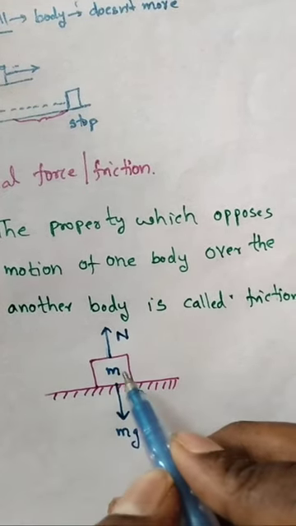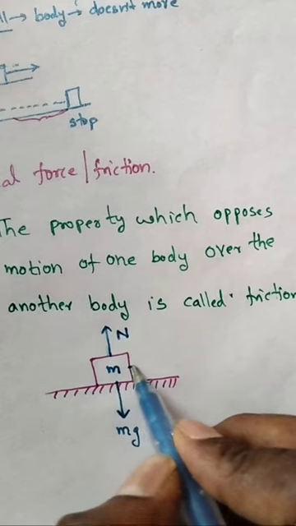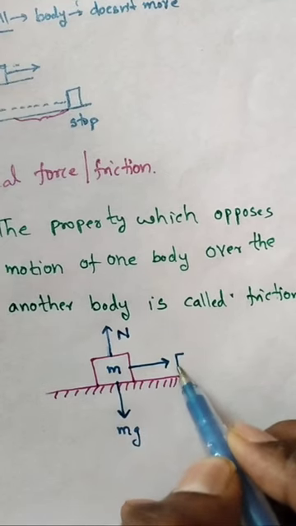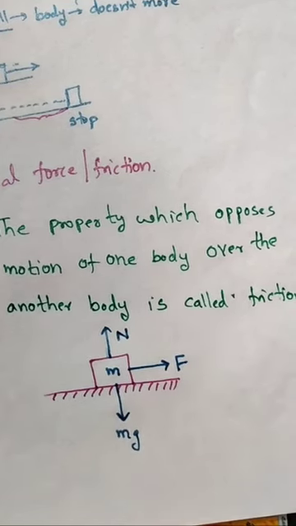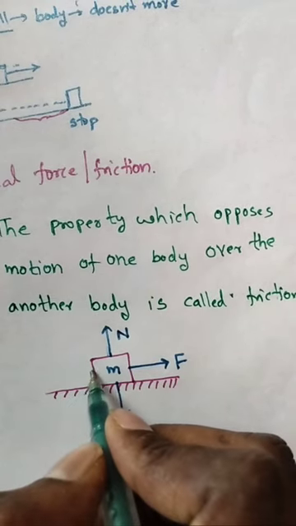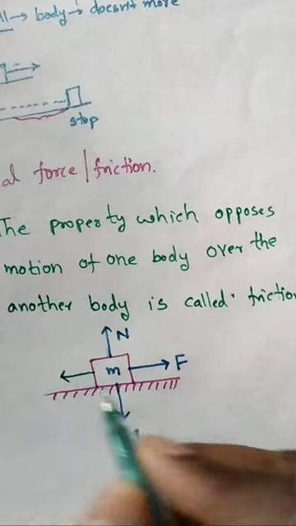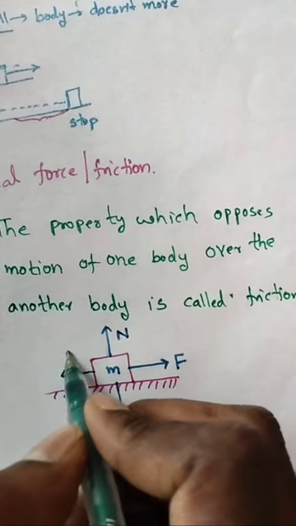Here an external force, capital F, is acting, and the force that opposes the motion is called small f.